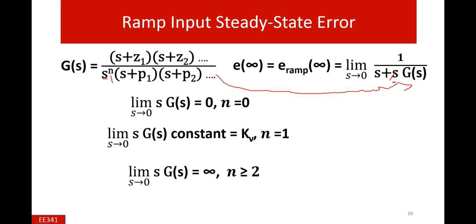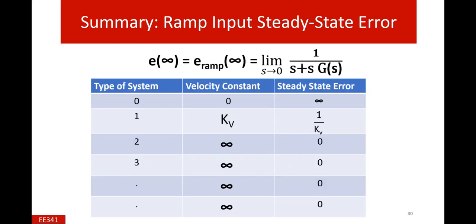It means for type 2 and further types, this term will be infinite, and the steady state error will be 0. So for ramp input, the steady state error will be different.